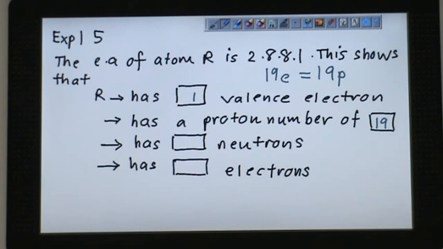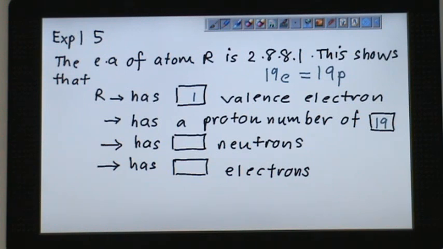The atomic mass for potassium is given as, let me check, 39.